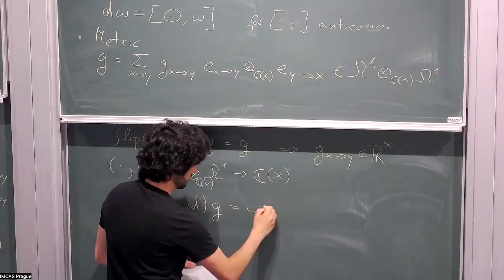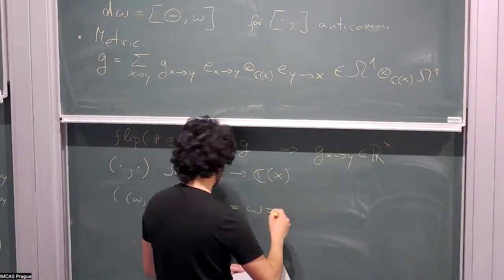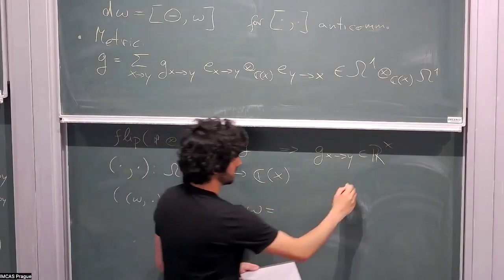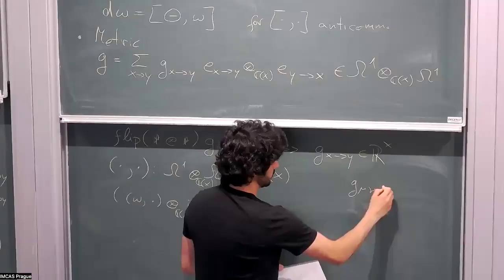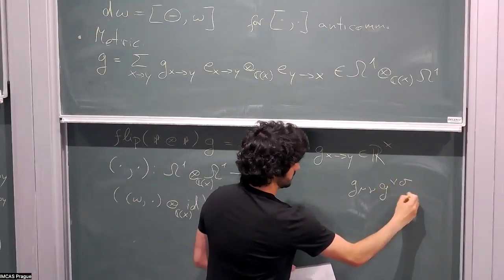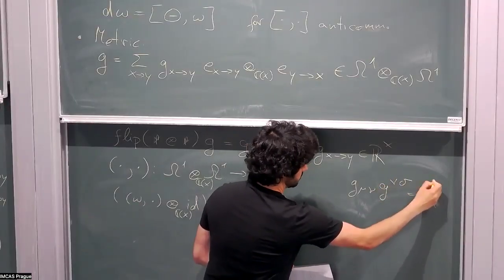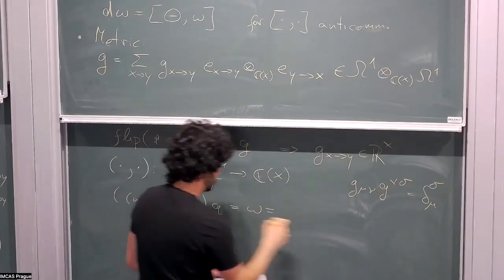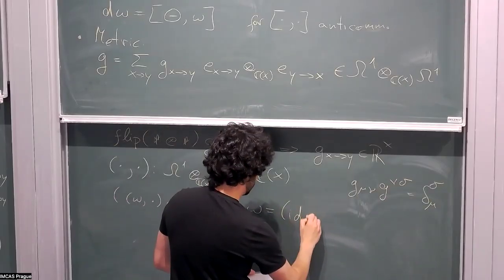And this essentially means that if you write it down, it's the same thing as having classically that G mu nu G nu sigma is equal to delta mu sigma. So this, and then the other side.